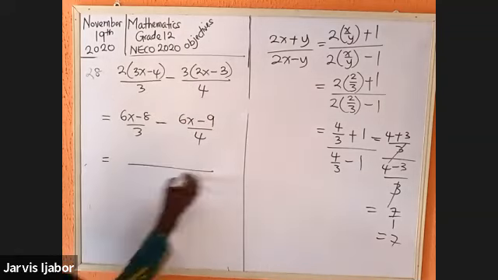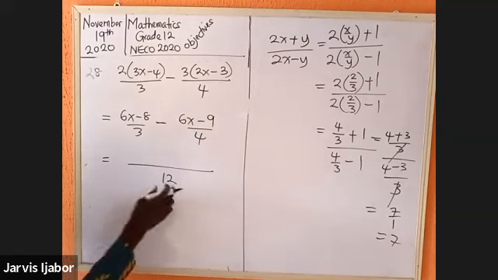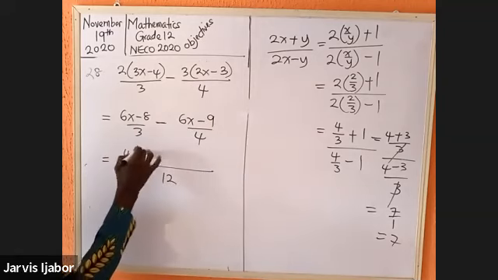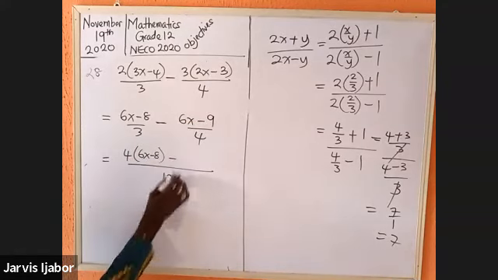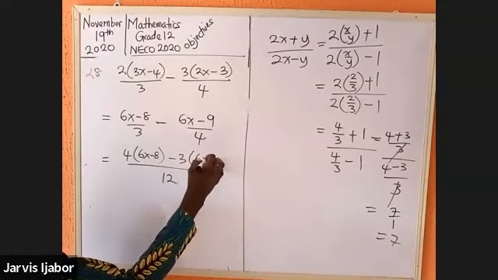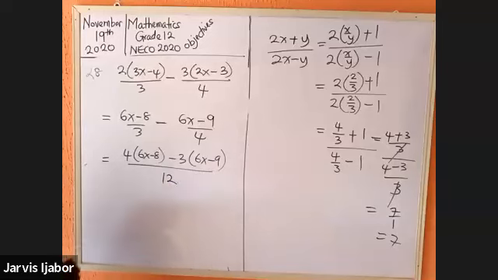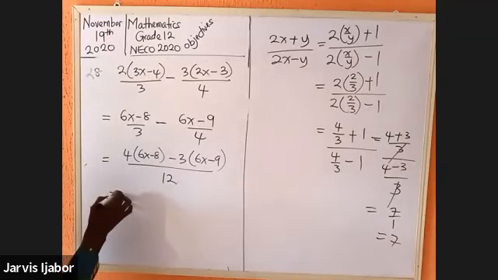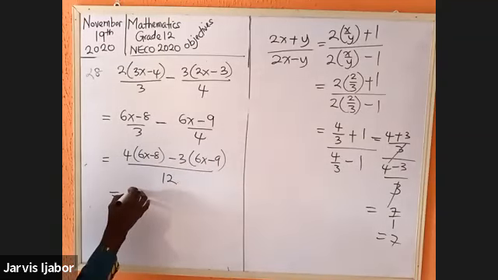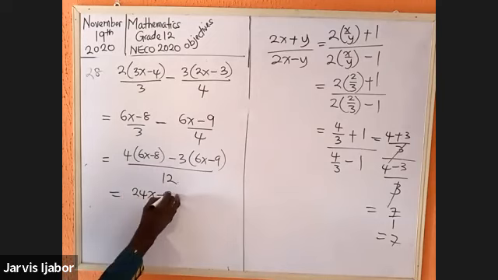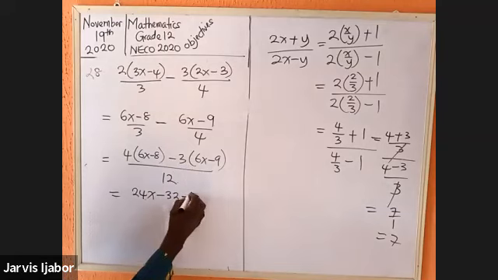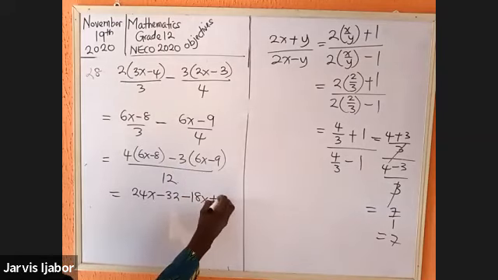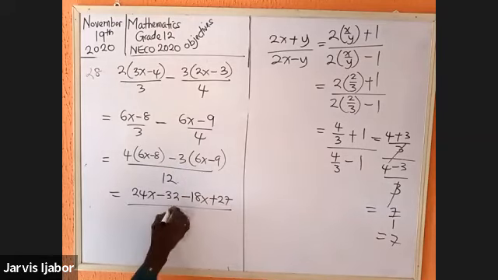Don't use this negative yet. Take the LCM of 3 and 4, and that will be 12. 4 into 6x minus 8 minus 3 into 6x minus 9. What do you have next? You can now open the bracket. This will give you 24x minus 32. Now you can use this negative: negative 18x plus 27 all over 12.